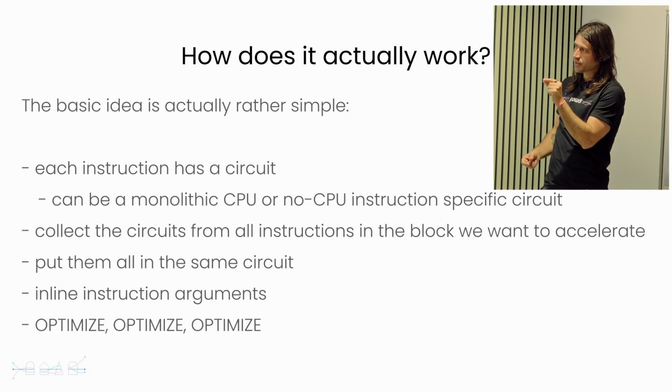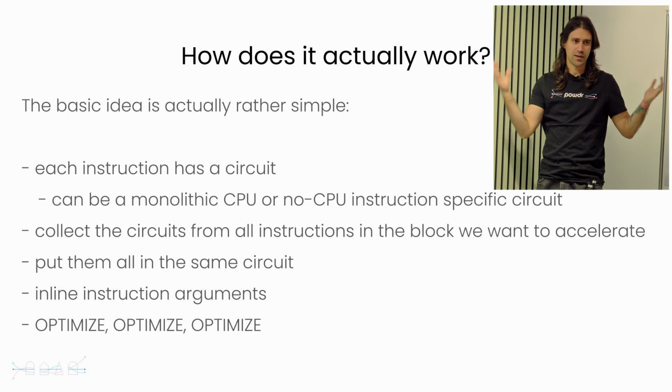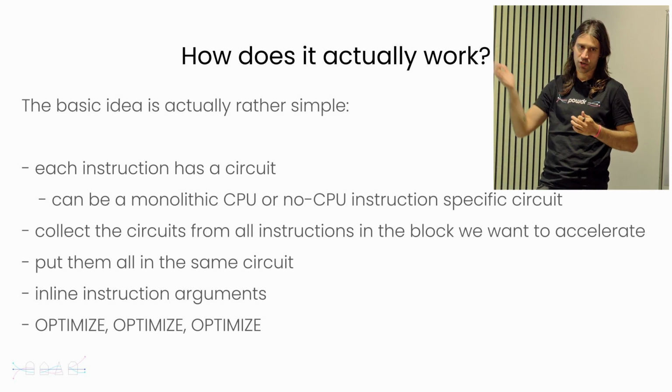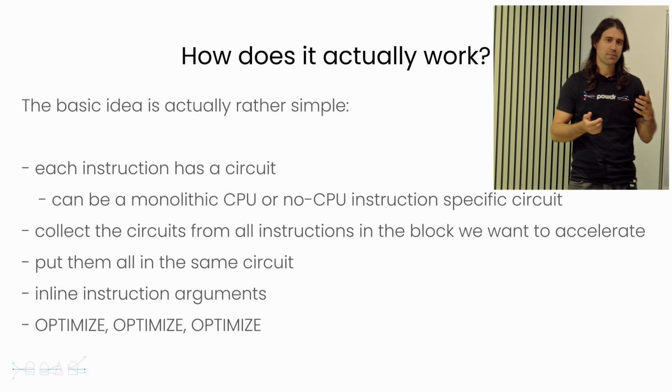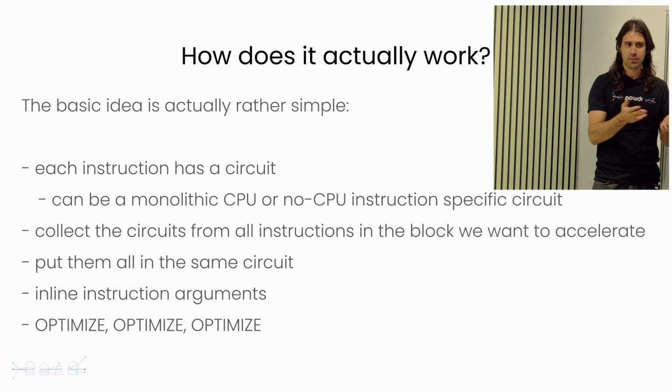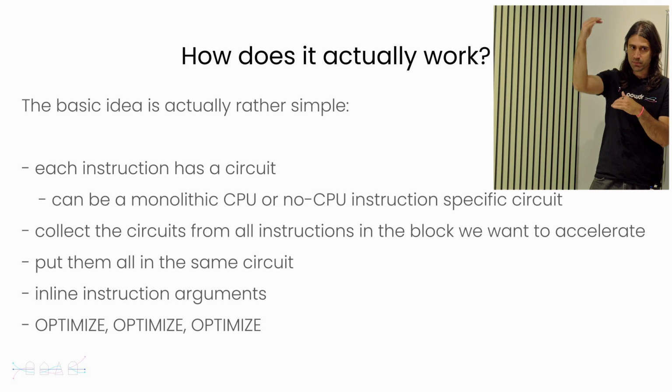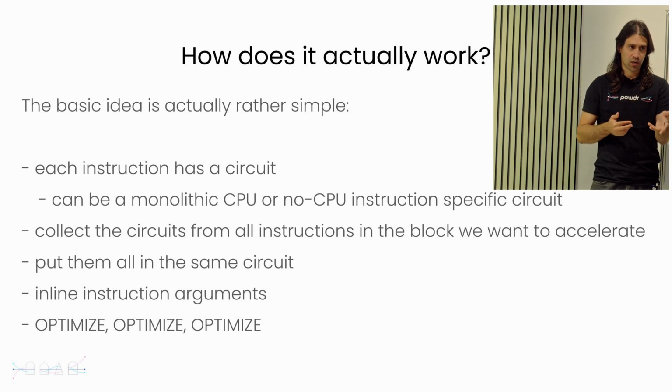Then the very first step, it's a very small step, but it triggers a whole bunch of other stuff, is to inline instruction arguments. So if you think about an XOR, you have XOR of A, B equals C. And it's a generic way to apply XOR, and that's what the VM needs. But if you're accelerating a single instruction in that block, you actually know what the arguments are. In this case it would be the indices of the registers.